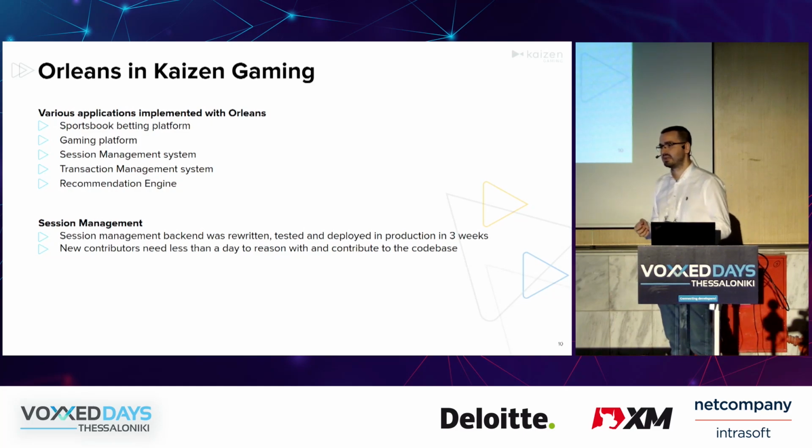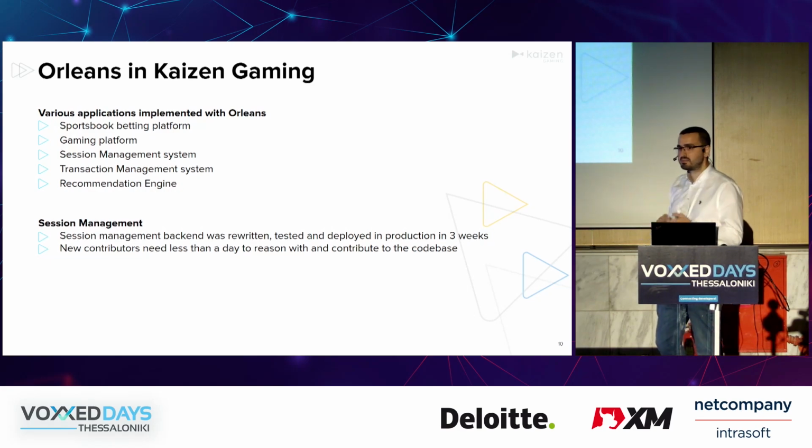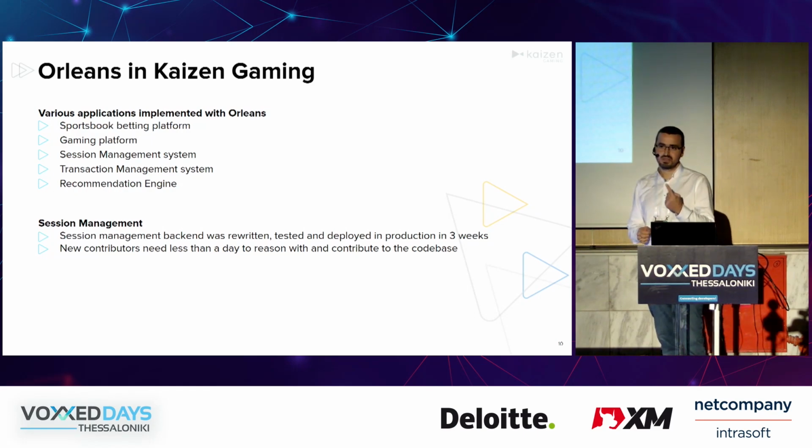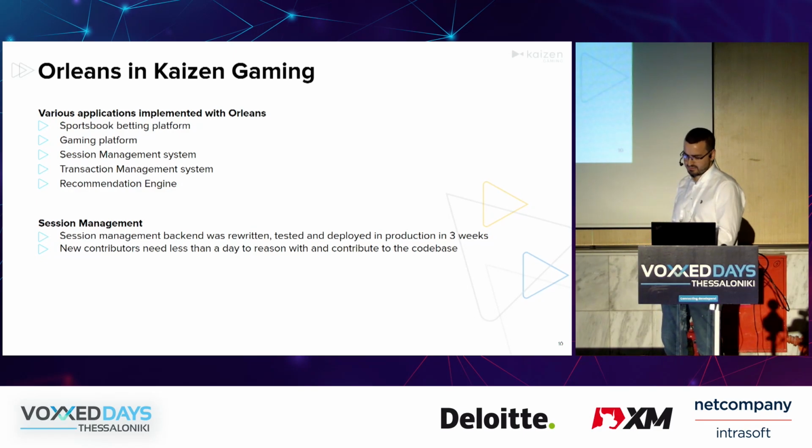So actually, from the start of the World Cup until the end, we had a system ready to handle the traffic of the World Cup final. Another benefit that we got is that new contributors need just 1 day to see the code, reason with it, and then just be productive.